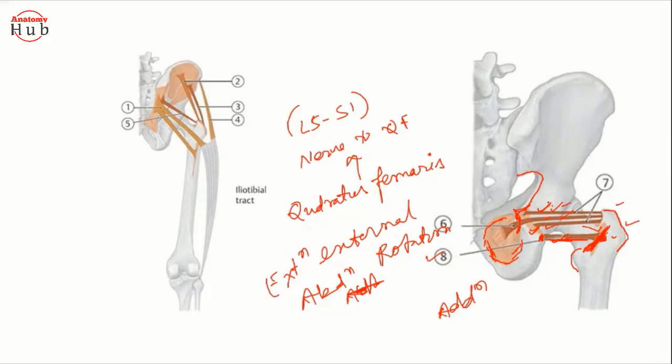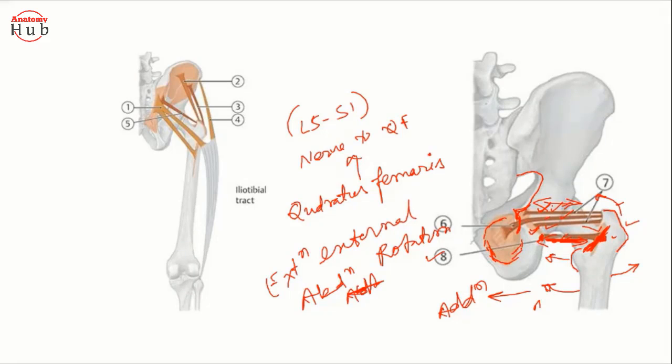So if this muscle contracts, the hip will go this way, this part will go that way, so abduction will be there. If this muscle contracts in this way, this lower part will go inward, so this whole part will go in this way. So this is the adduction. So this is all about the gluteal region muscles.